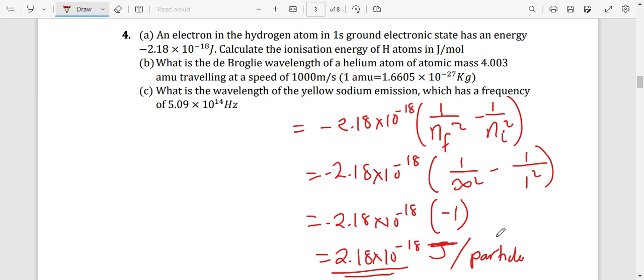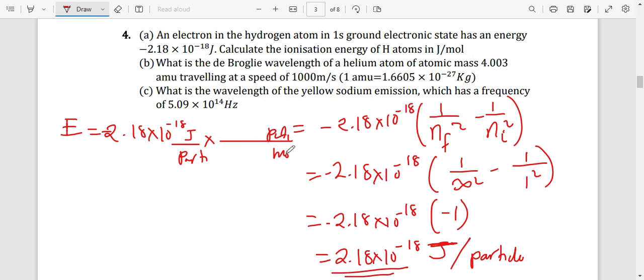If I want to convert to energy per mole, the energy is equal to positive 2.18 times 10 to the power negative 18 joule per particle, multiplied by a particle on the bottom, so I put a particle on top, and then a mole down.